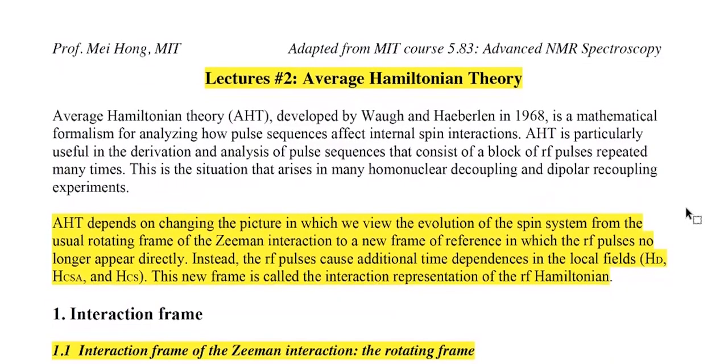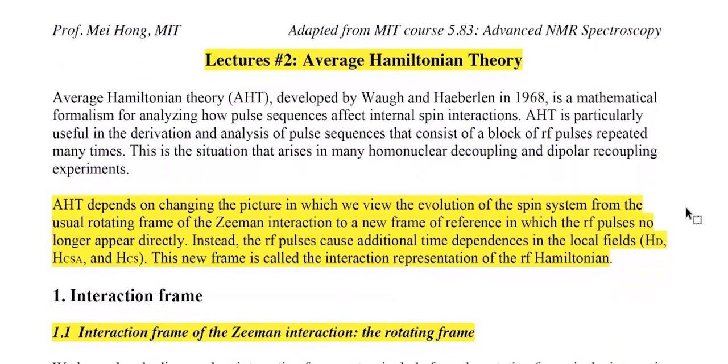Average Hamiltonian theory. This AHT theory was developed by John Waugh and Ulrich Haeberlen in the 1960s. It is a mathematical formalism to analyze multiple pulse NMR sequences. Basically, when you put out a train of RF pulses with certain phases and with delays in between, how do you think about the cumulative impact of these pulses on your spin states, on your density operators?